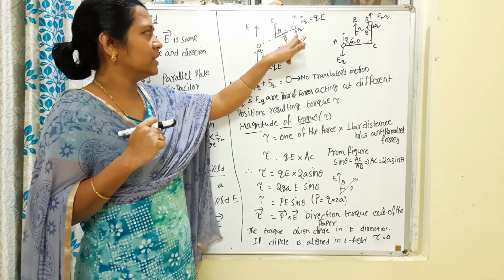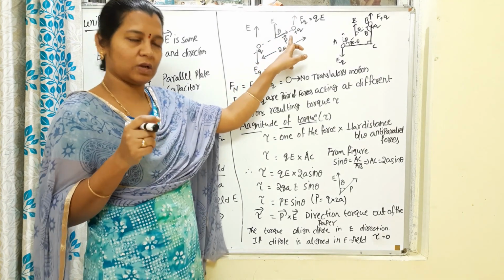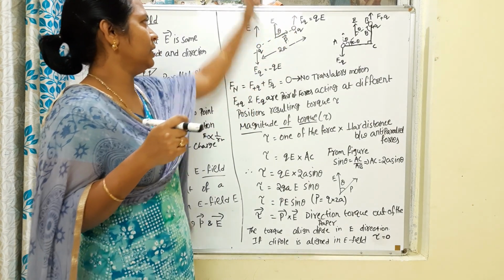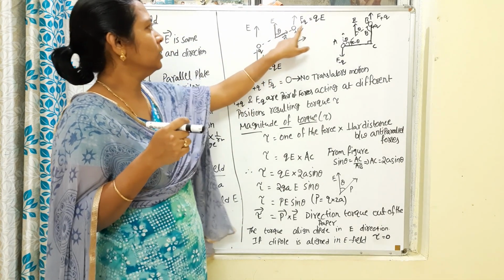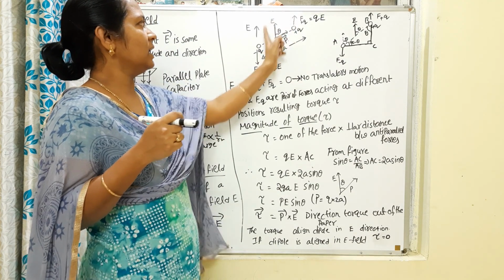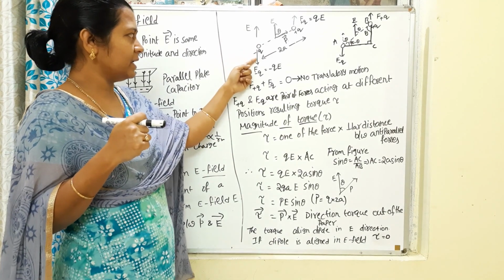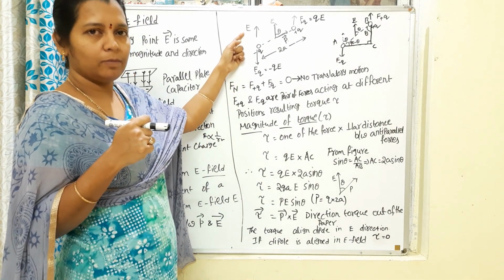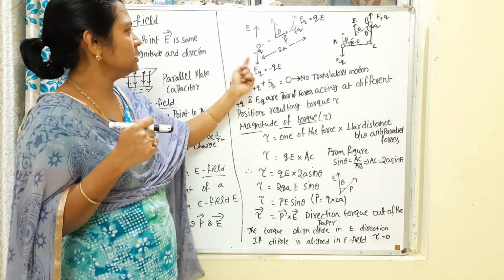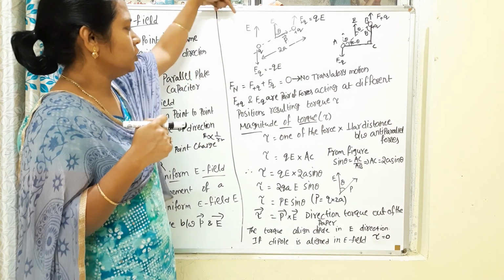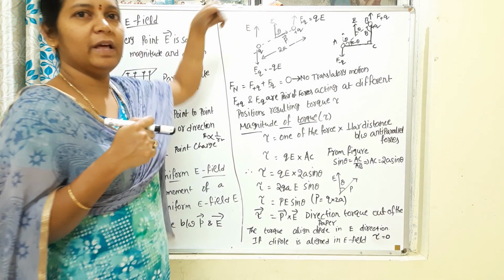The plus Q charge kept in a uniform electric field experiences a force in the upward direction, because Q is positive, so the force is parallel to the electric field. In the same way, the force experienced by the minus Q charge is minus QE. Here the charge polarity is minus Q, so the force experienced by the minus Q charge is in the downward direction.